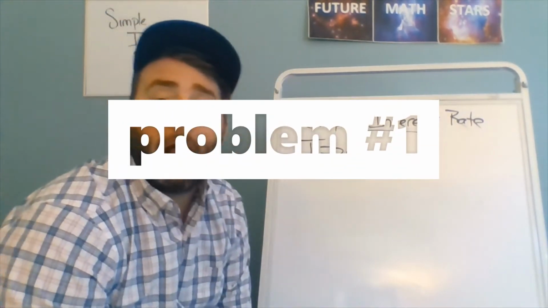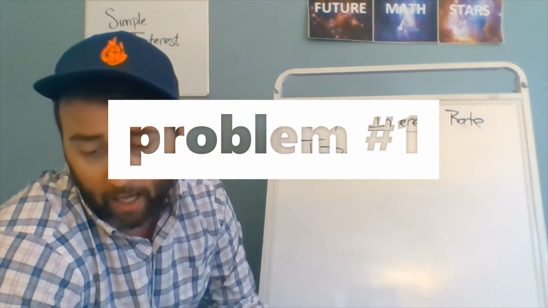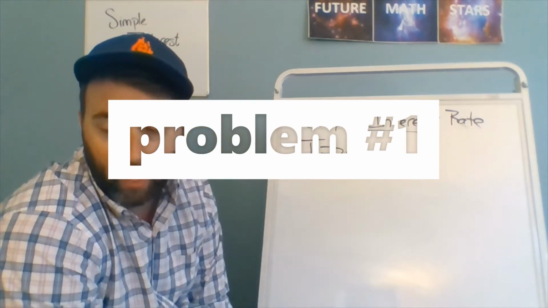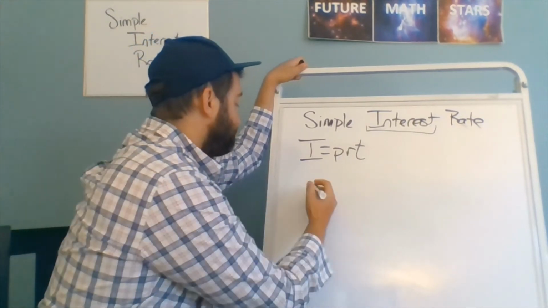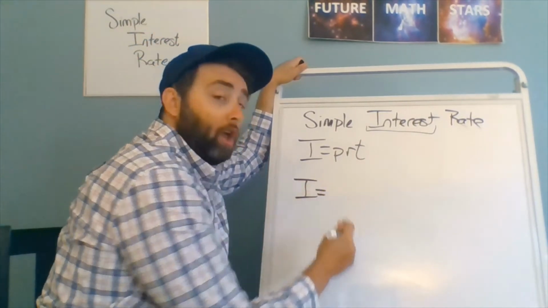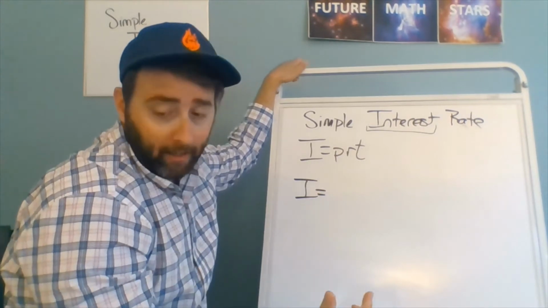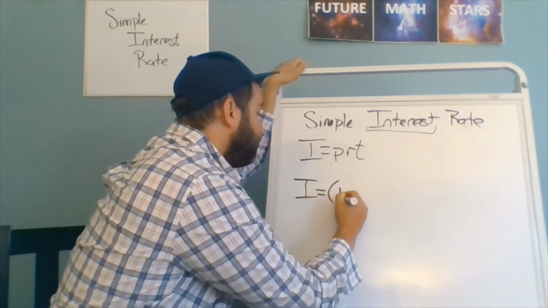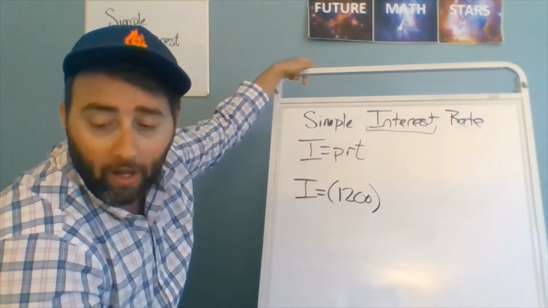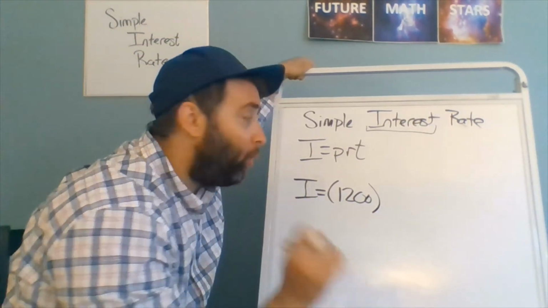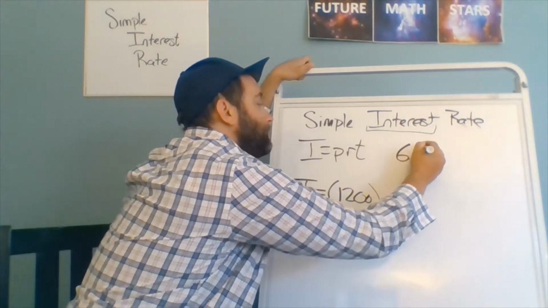All right, example problem number 1. We did that one yesterday, so let's do that one. Your principal, the money you're borrowing, is $1,200. You borrowed $1,200 at a 6.5% interest rate.